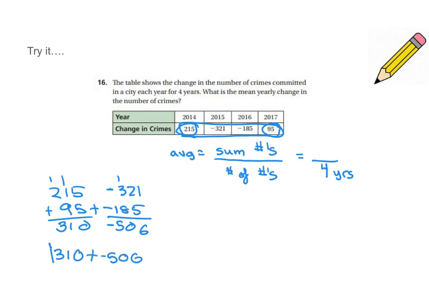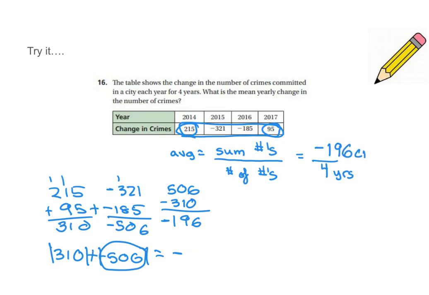Just like in chapter 1, we're going to look at the absolute values. The bigger absolute value was negative, and we're going to find the difference between 506 and 310. And that works out to 196. And it is negative. So we know that over 4 years, crimes decreased by 196.